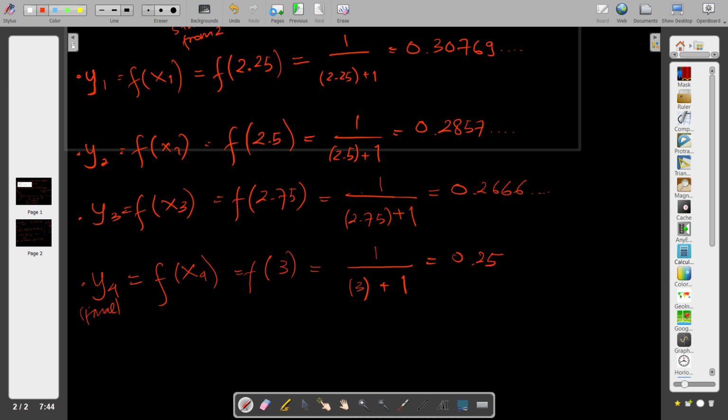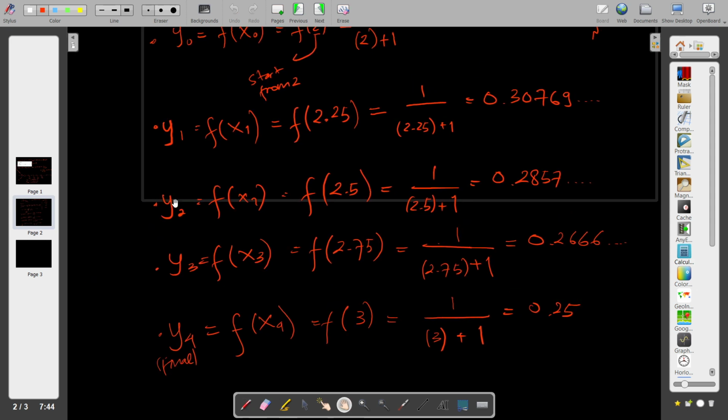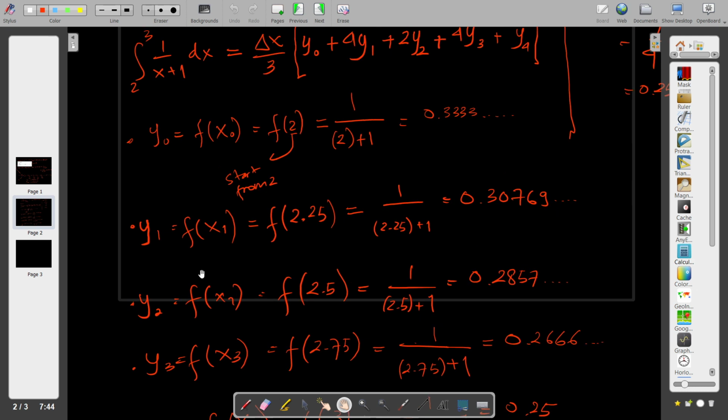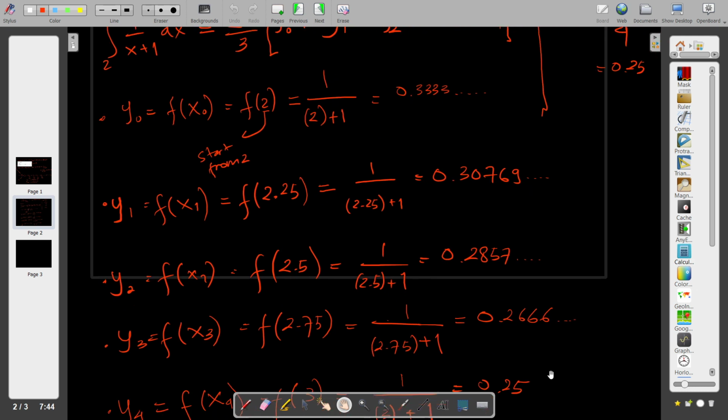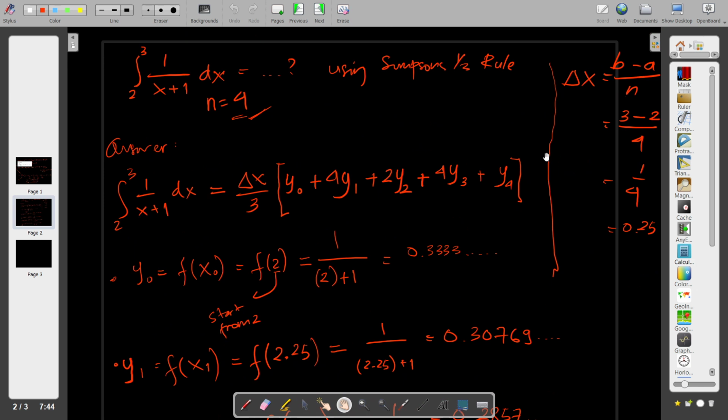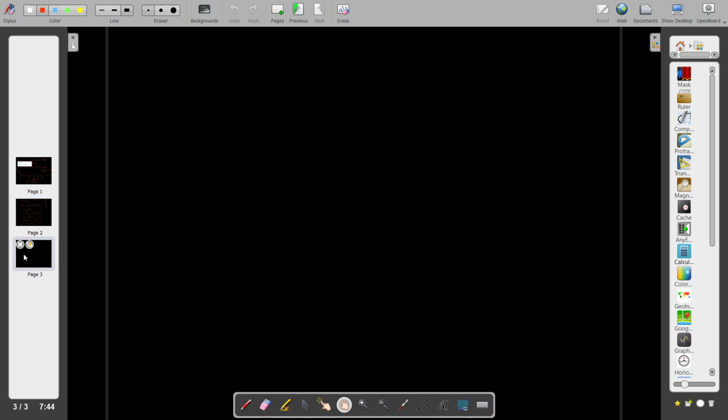Okay, I will use another page. We have already found all the values of y from y0 to y4, then we input all the numbers into our formula. So our formula is like this: the integral from 2 to 3 of 1 over x plus 1 dx.